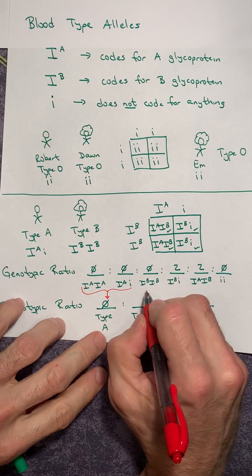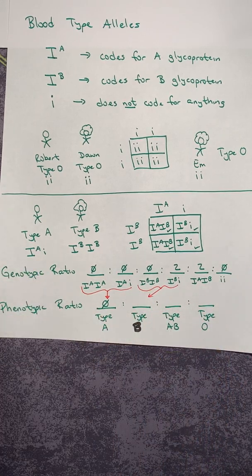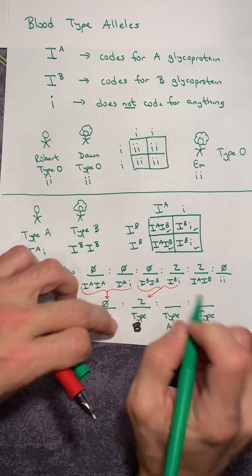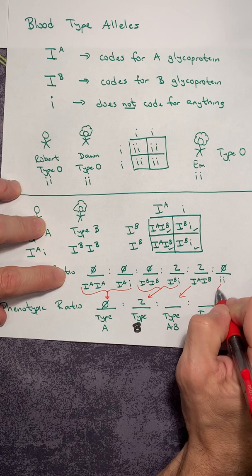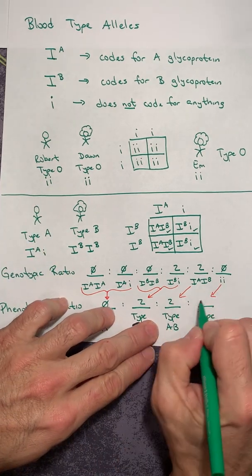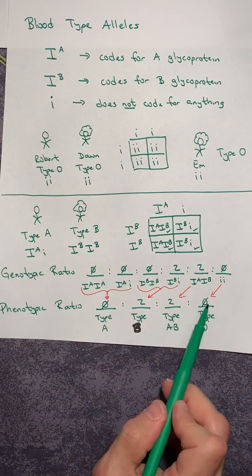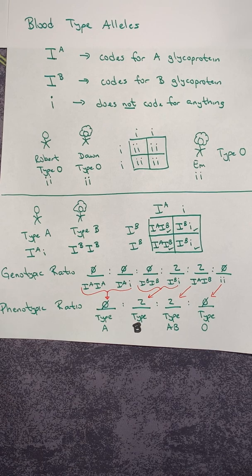She's type B. These 2 individuals here, this one goes there. This one goes there. 2. And same thing, doesn't matter how many choices you have, the sum is 4.